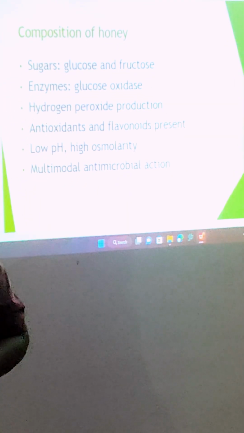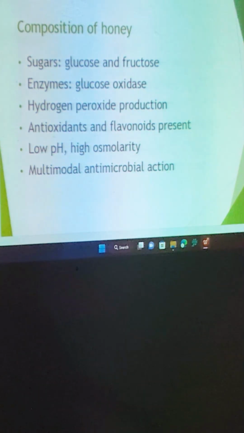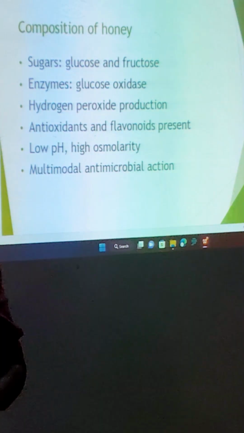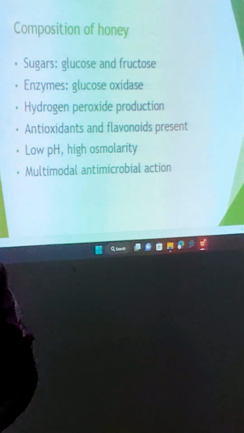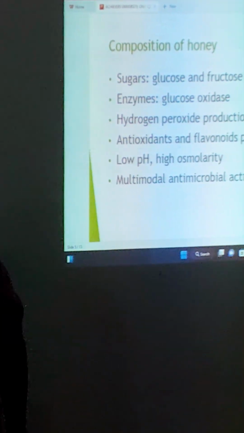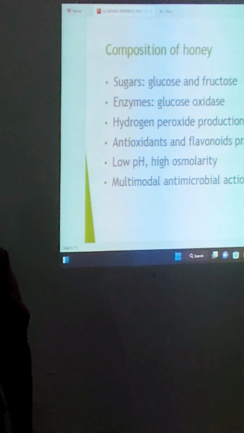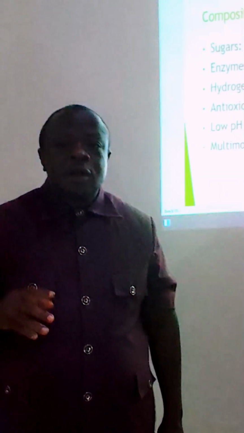The composition of honey. Honey is composed of sugars. The sugars are made up of glucose and fructose. Honey has enzymes. The name of the enzyme is glucose oxidase. This glucose oxidase is used as an antioxidant.